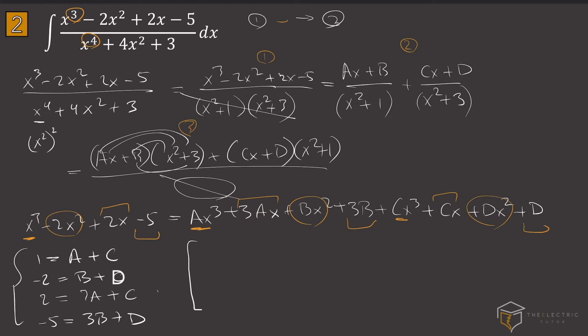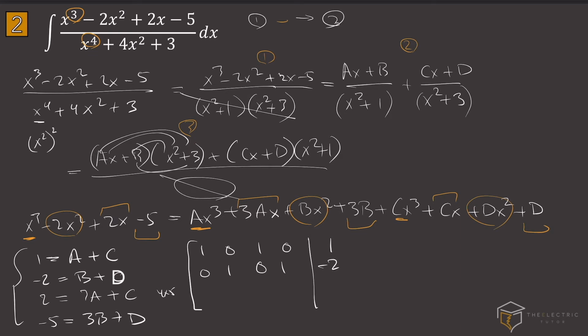So we can create a 4 by 5 matrix, and in this case, I'm going to show you how to create it. So there's 1 A, no B's, 1 C, 1 D, and that is equal to 1. For the second equation, I have 0 A's, 1 B, 0 C's, 1 D, and that equals minus 2.